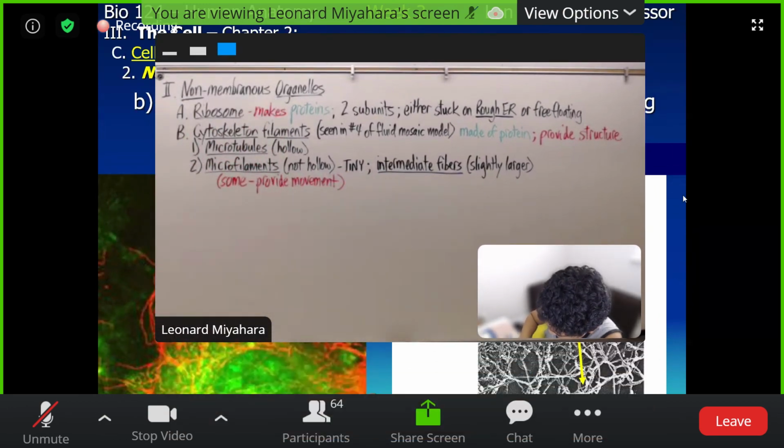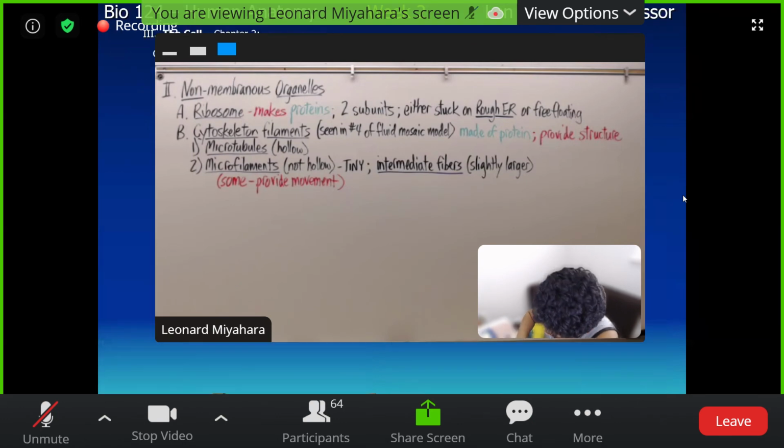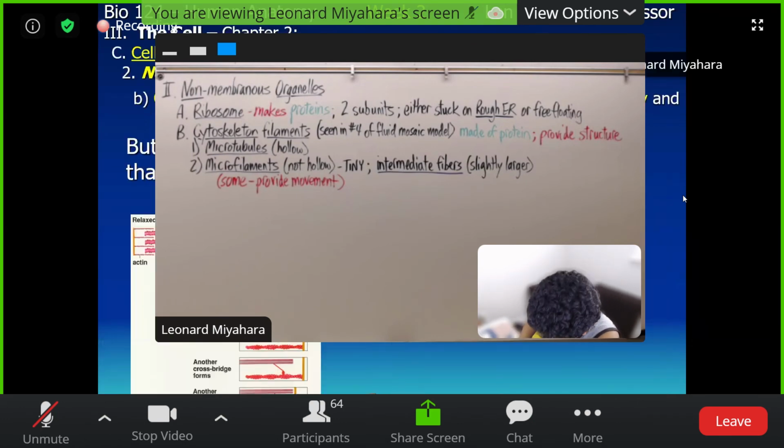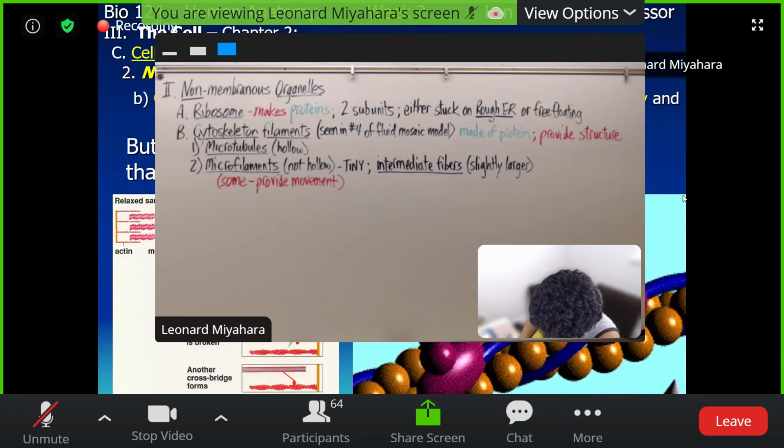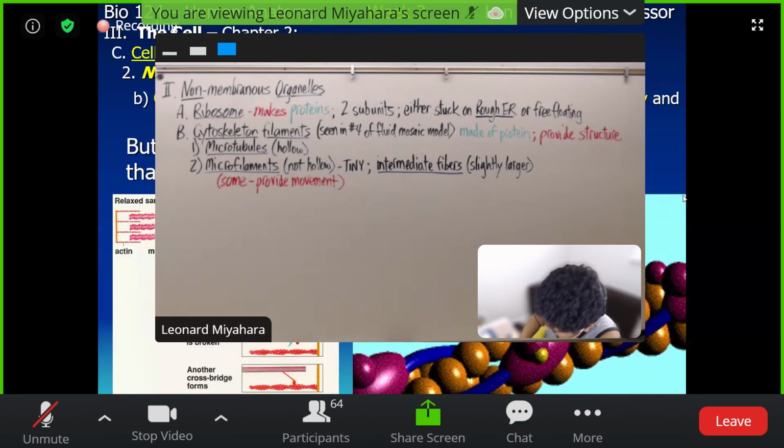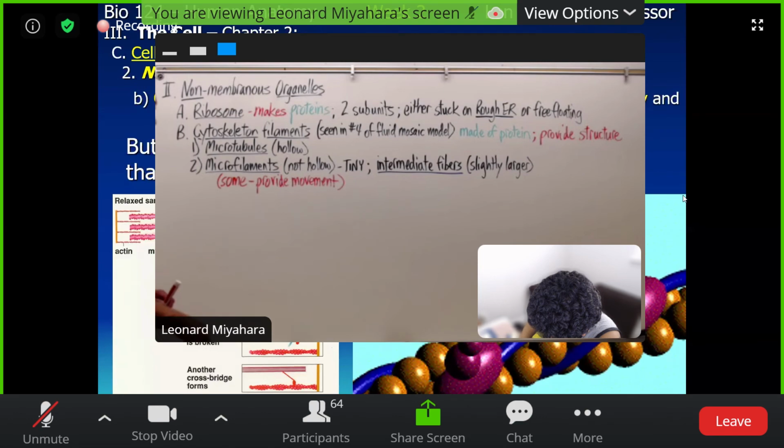Okay. And this is the ones here that are providing movement, actin and myosin. And they're not hollow.